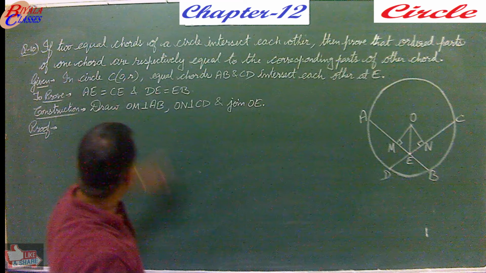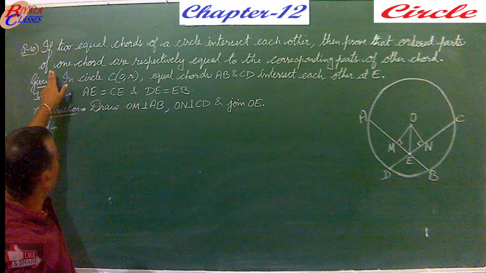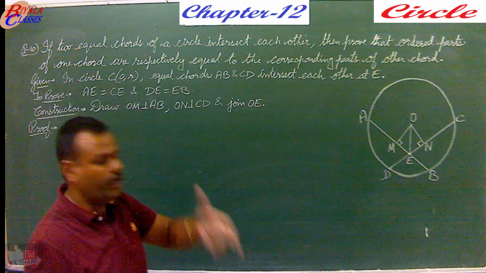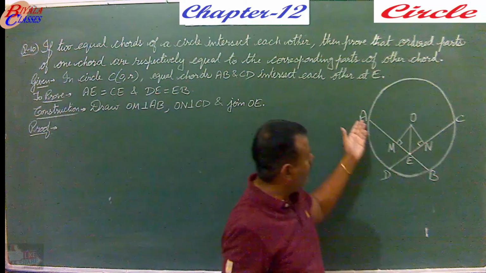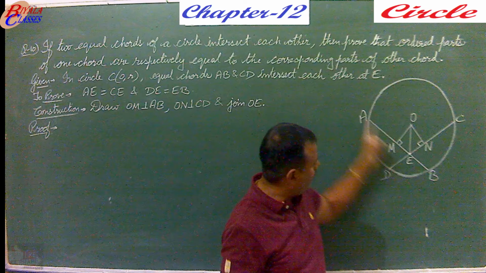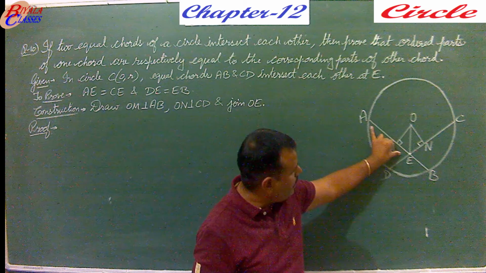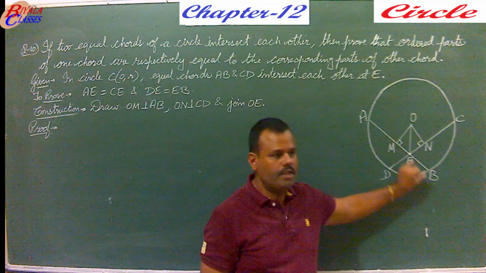Now prove that ordered parts of one chord. Ordered parts of one chord means taking the two parts. If AB and CD intersect at point E, then AE is one part and EB is the second part.